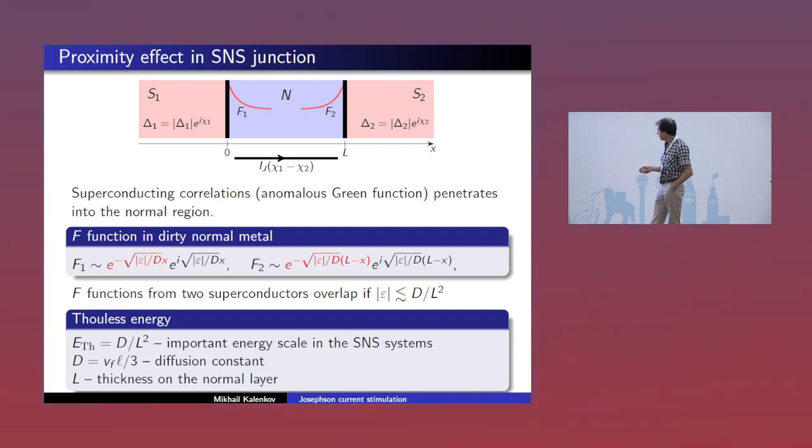You see that if the energy is less than Thouless energy, then the decay length of the superconducting correlation is just the size of the system. So we can say that there is a coherence between two superconductors. But if we consider quasiparticles with high energy, we immediately obtain that such quasiparticles couldn't maintain coherence in this system. That's important for my talk.